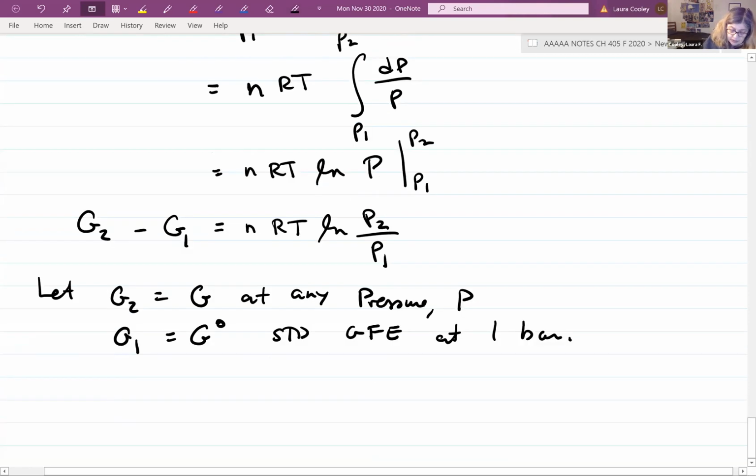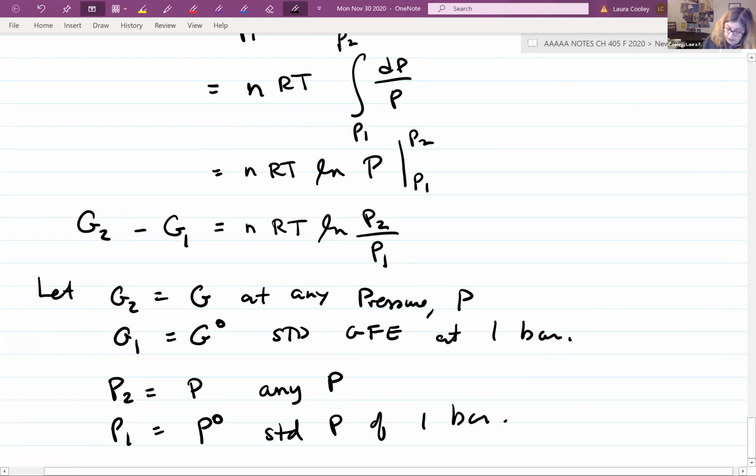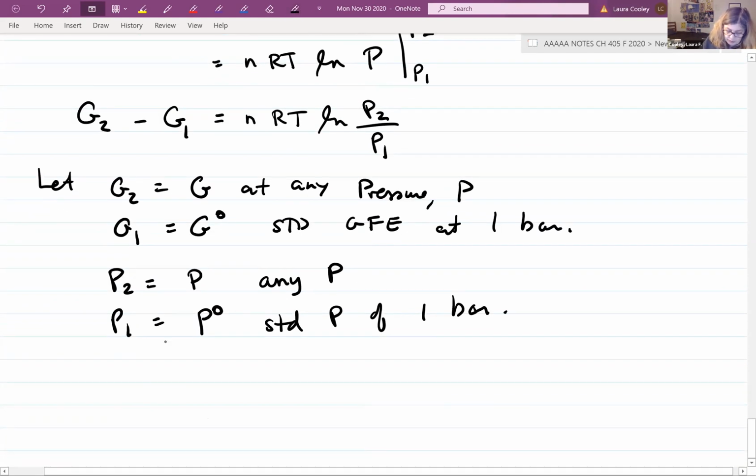So then the left side of this equation becomes the difference between the Gibbs free energy when pressure isn't 1 bar and when it is. And so then P2 is just the P, any pressure. And P1 has to be that standard pressure of 1 bar. So P0, P1 is actually just 1 in units of bar.